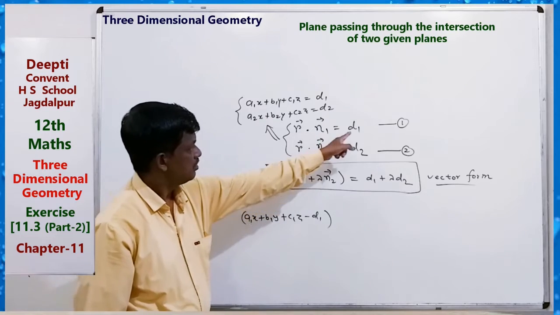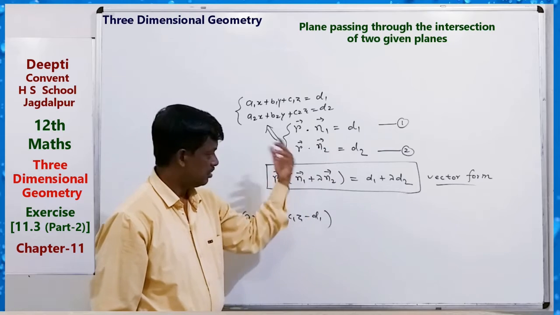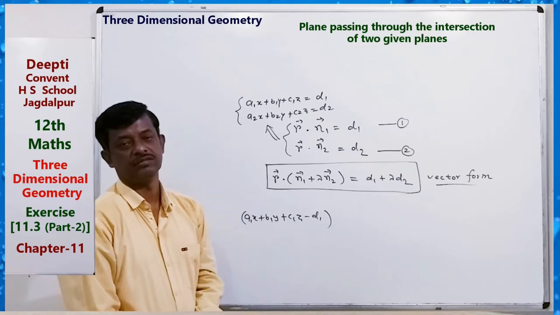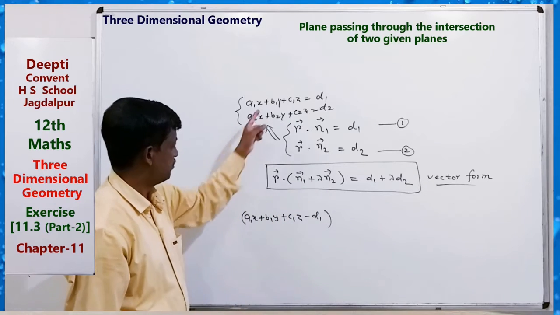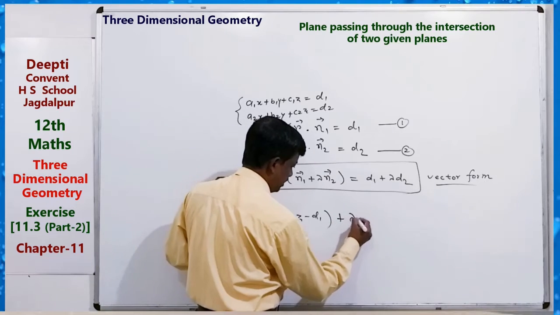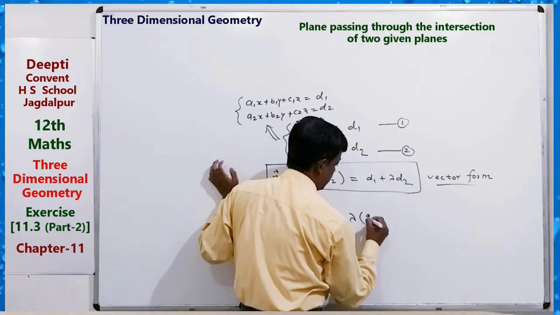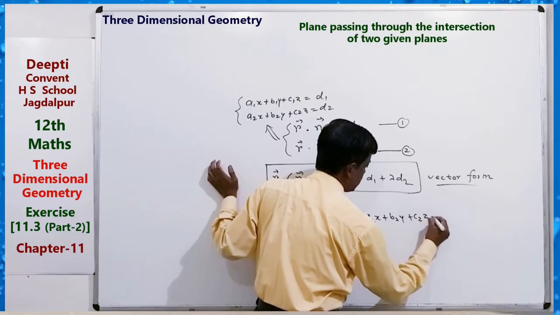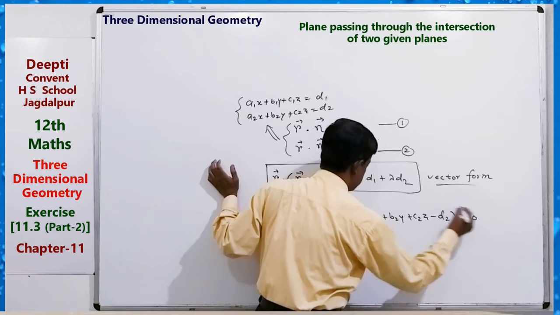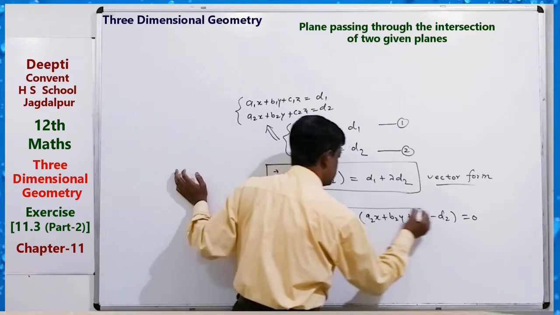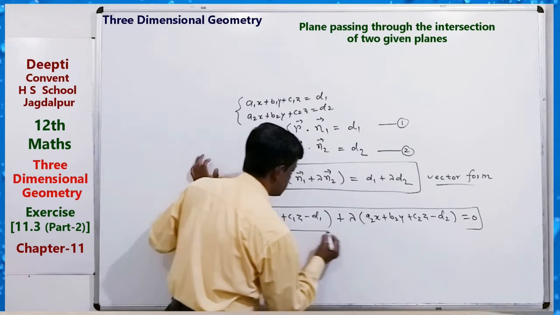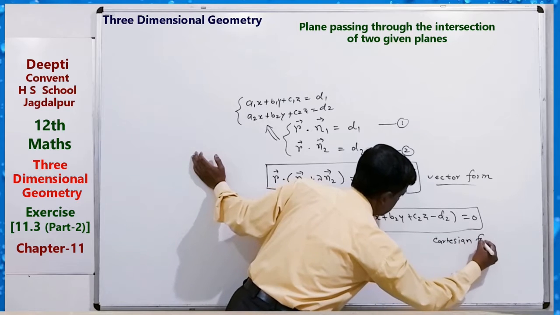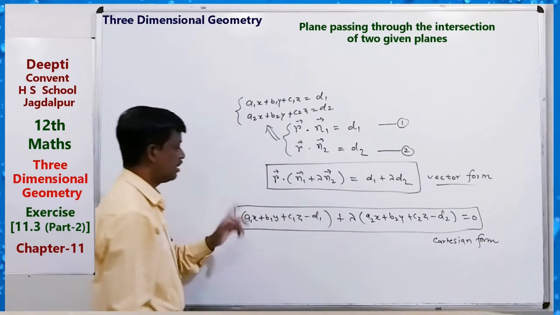Here also, d1 is transferred to here, d2 is transferred to here, and also multiply this by lambda and add, which will give this. So this plus lambda times the second, a2x plus b2y plus c2z minus d2, equals 0. So this is the Cartesian form.